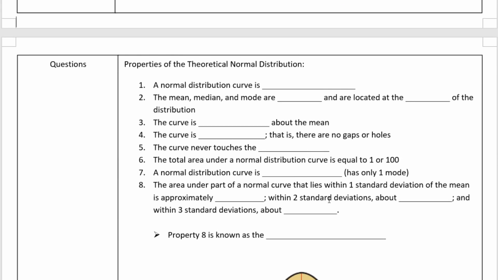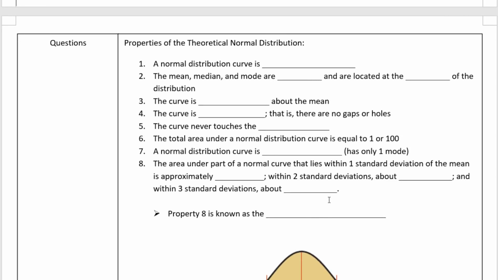All right, so what are some of the properties of the bell curve? A couple of properties that we want to mention. So we know that it's bell-shaped. That's why it's known as a bell curve.